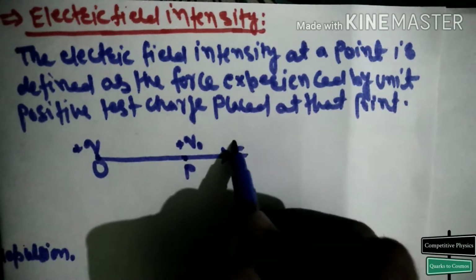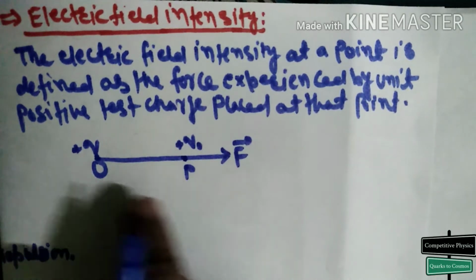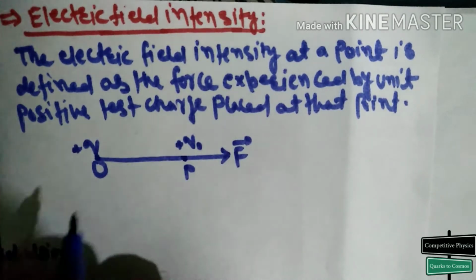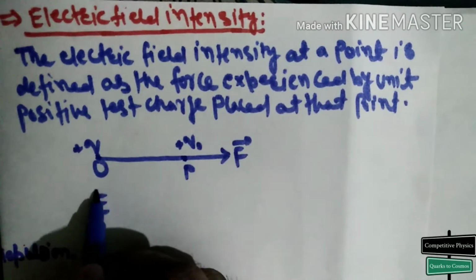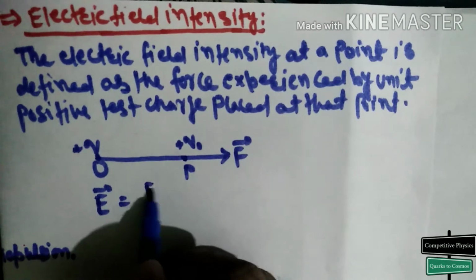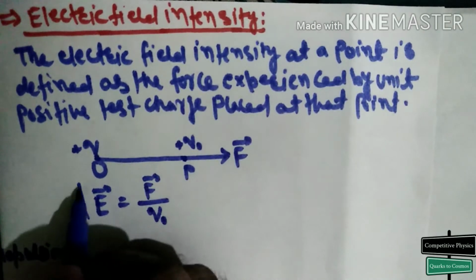So here is the force in this direction. Then electric field at point P due to the charge plus q is defined as E equals force per unit test charge.